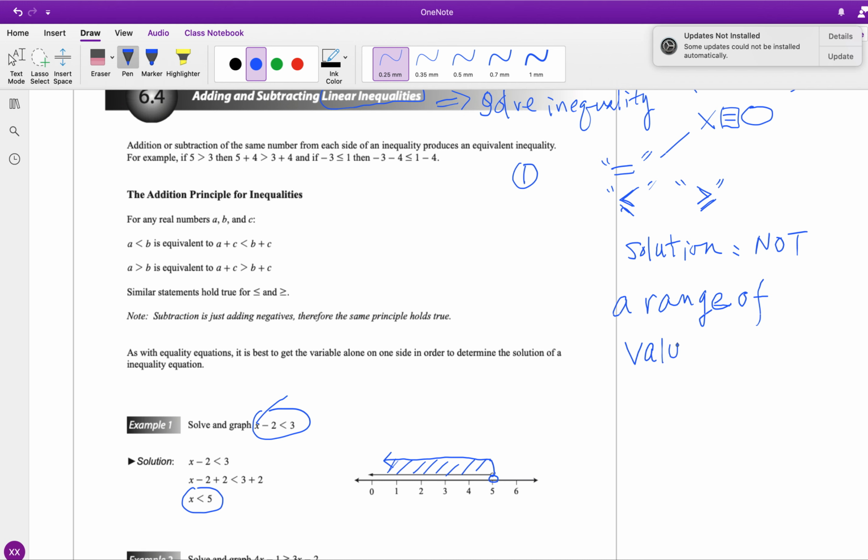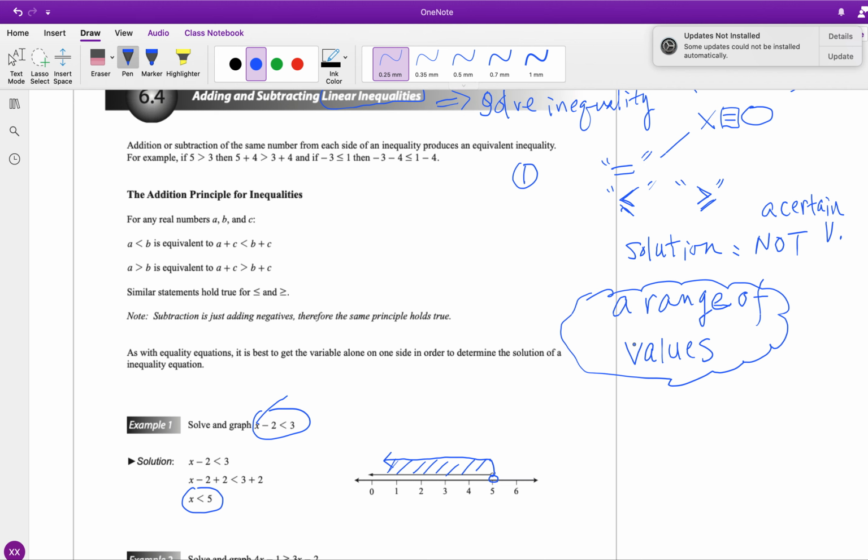That's why I don't even want to write. So a range of values, okay? So it's not just a certain value. So the range of values. That is a fundamental difference between solving for an equation and solving for an inequality.